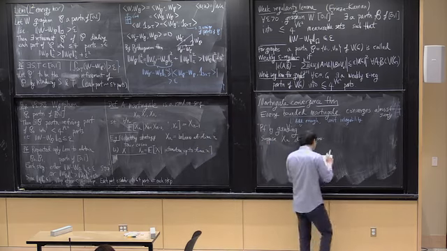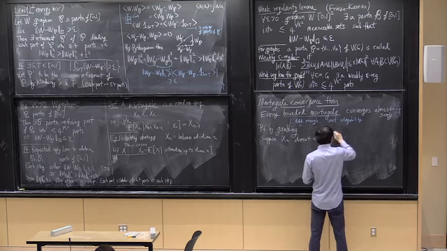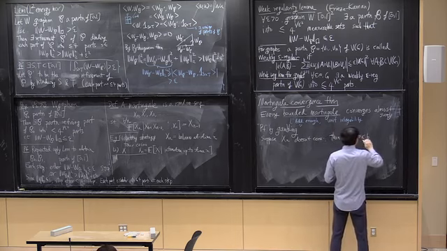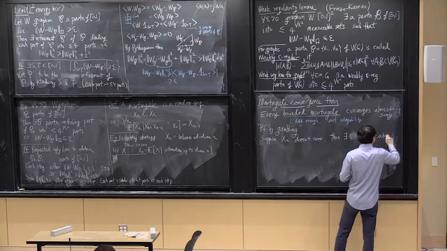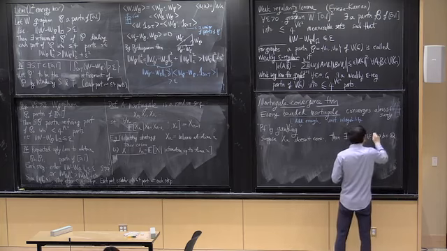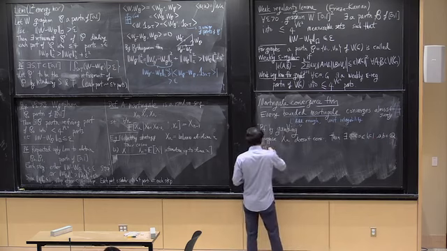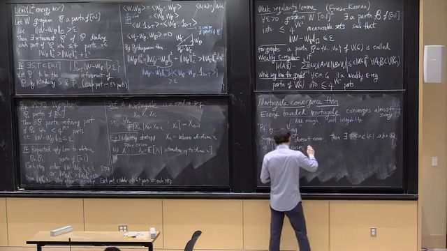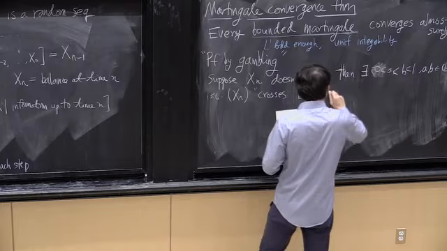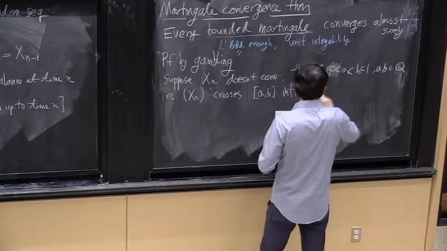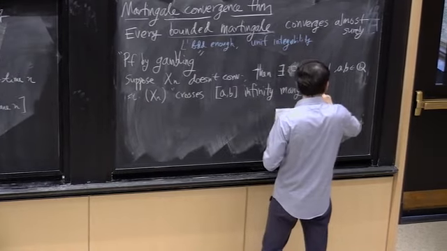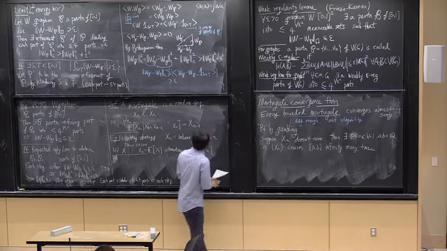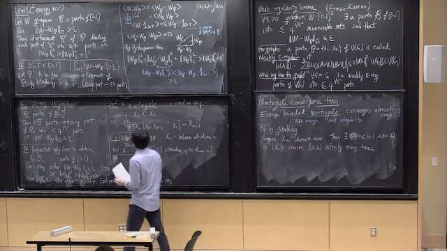So some specific realization, if it doesn't converge, then there exist a and b, both rational numbers between 0 and 1, such that the sequence crosses the interval ab infinitely many times. By crossing this interval, what I mean is the following.